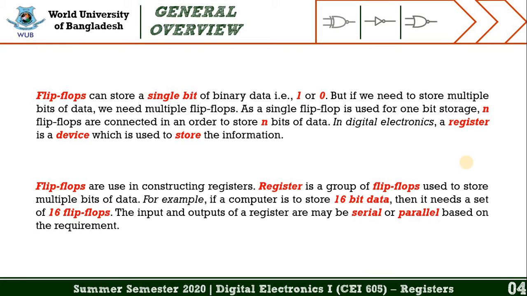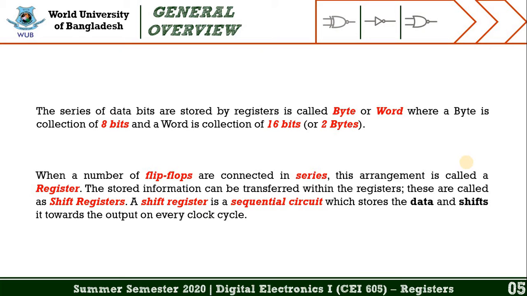The inputs and outputs of a register may be serial or parallel based on the requirement. The series of data bits stored by registers is called a byte or word, where a byte is a collection of 8 bits and a word is a collection of 16 bits, which is equivalent to 2 bytes.